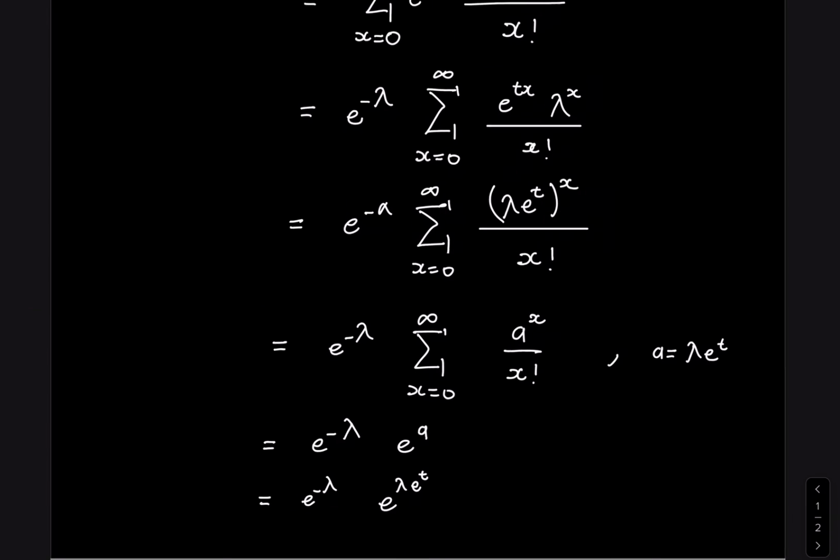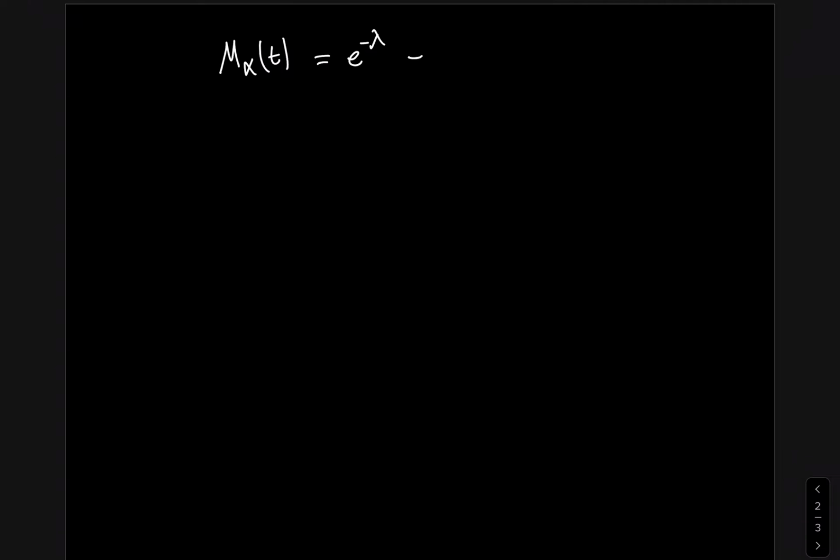Let's refresh our memory: M_X(t) is equal to e to the negative lambda, times e to the lambda e to the t. We're going to combine our expression together.